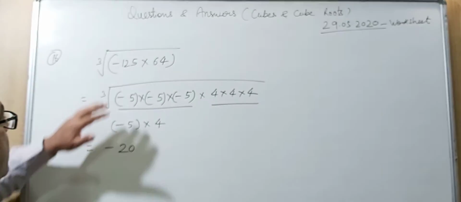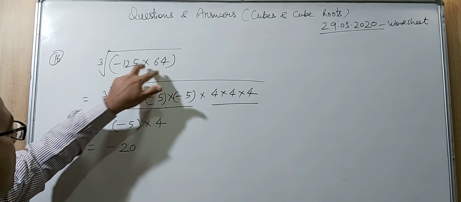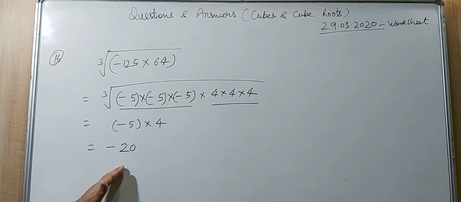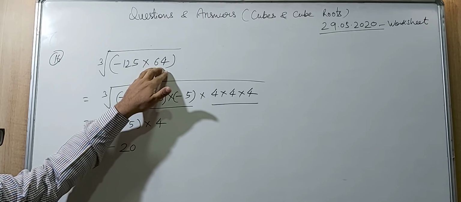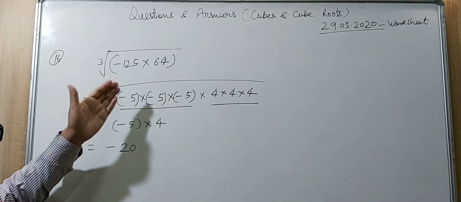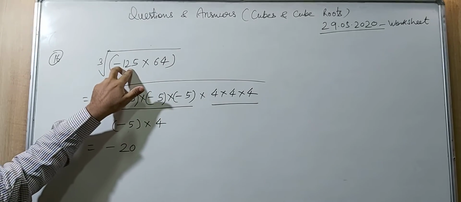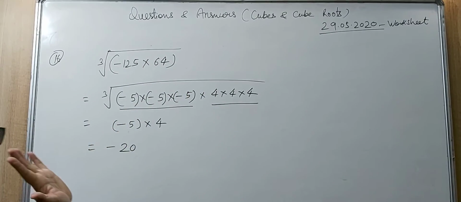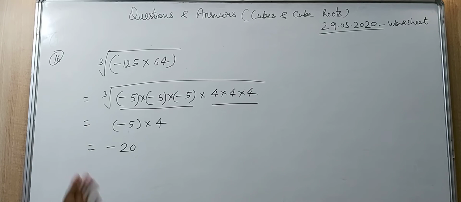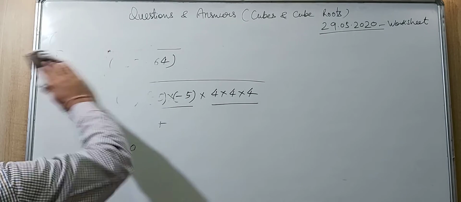So the cube root of this number is minus 20. This is very simple. No need to multiply 125 with 64, it becomes difficult then. This is the easiest way. Write factors of minus 125 first, then write factors of 64, and then find the cube root. Right? Now, next question.